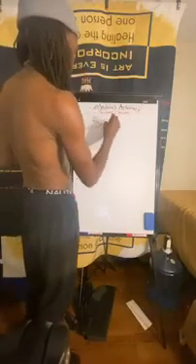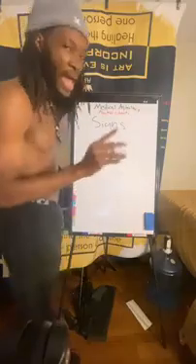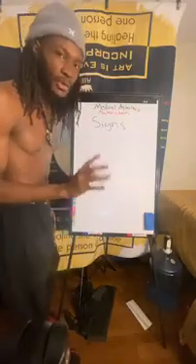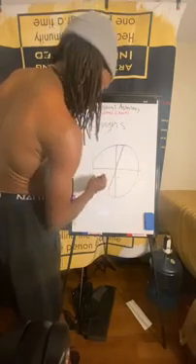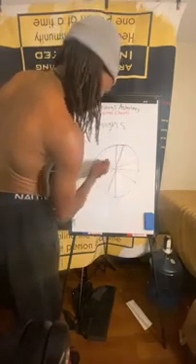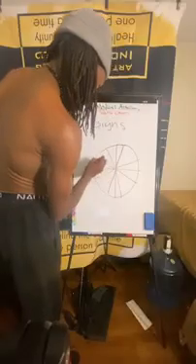So we have the signs. This is just going to be basic. I'm not going to go too in depth because I have so many other topics to cover. This is going to be probably one of the worst drawings I've ever done in my life, but bear with me.